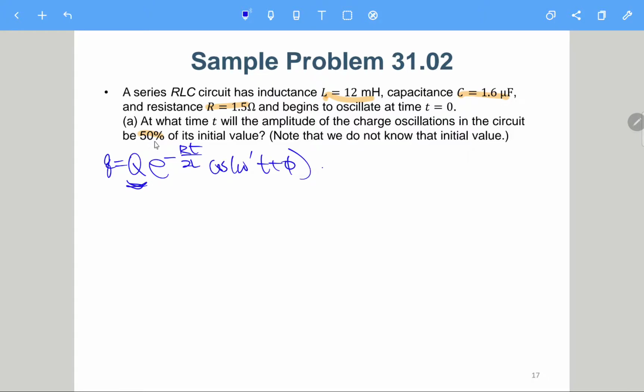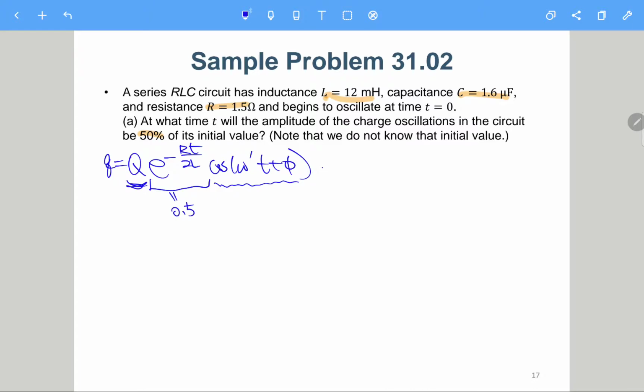We only need to care about this one being 0.5, which is 50%. We need to know the time t such that this is 0.5 Q. We only care about the ratio, and the ratio is actually this exponential term. For simplicity, we just ignore the cosine.